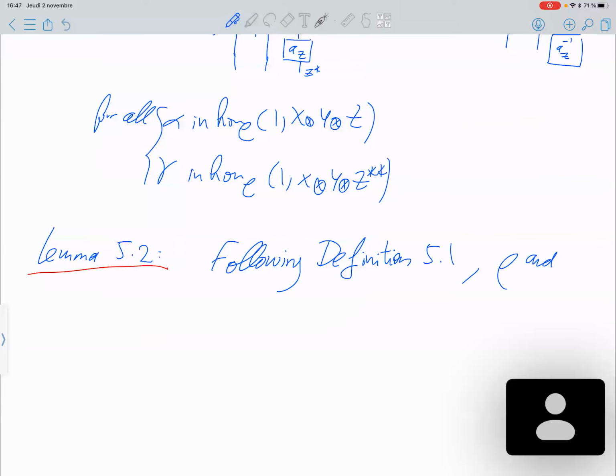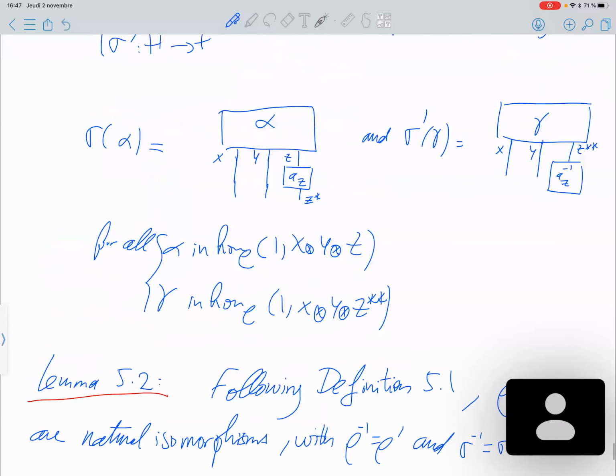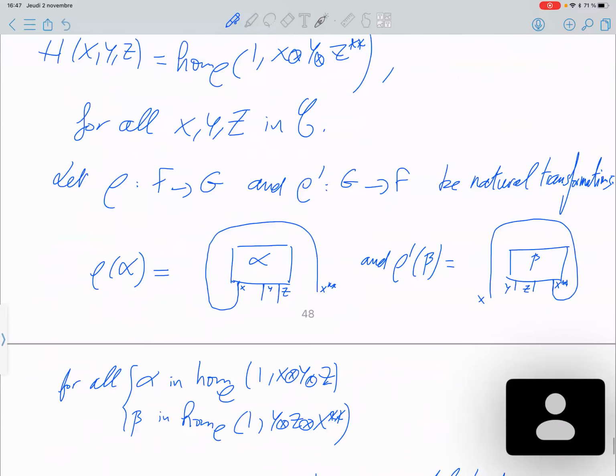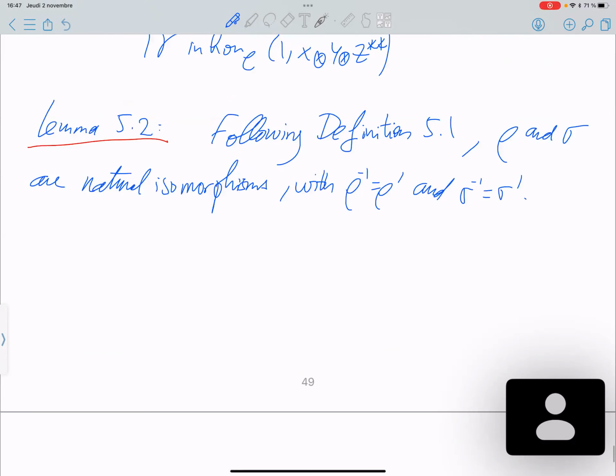Rho and sigma are natural isomorphisms, with rho inverse equal to rho prime and sigma inverse equal to sigma prime. Okay, so this is completely straightforward. The proof only reduces to using the zigzag relation.